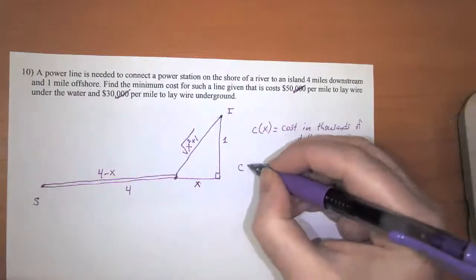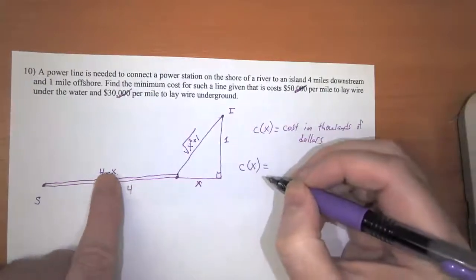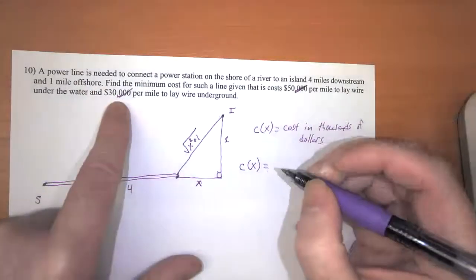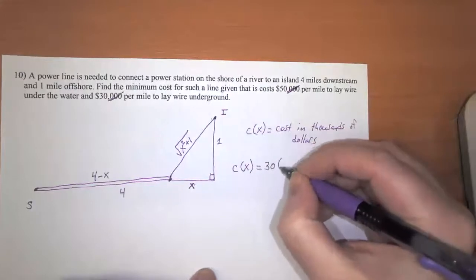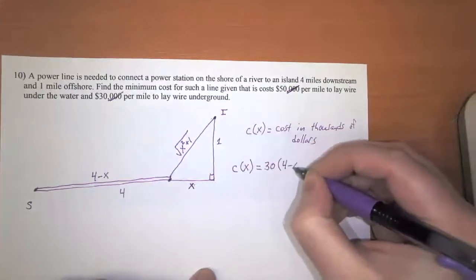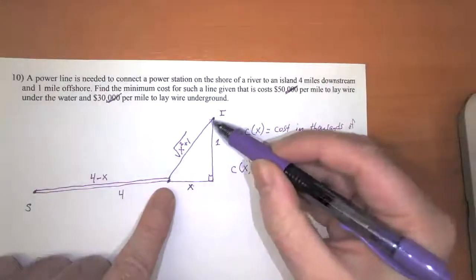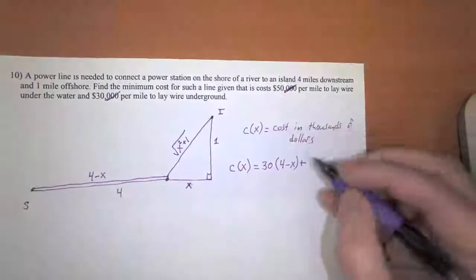So C of x, so this 4 minus x is the amount of wire that's being laid underground, which is $30,000 per mile. So it would be 30 times 4 minus x plus the cost of the wire that's running underwater. And so that costs $50,000 per mile.